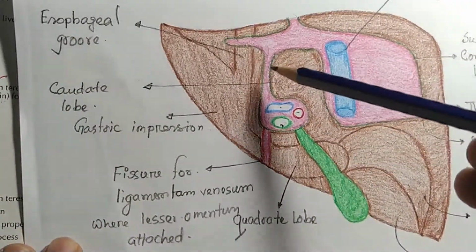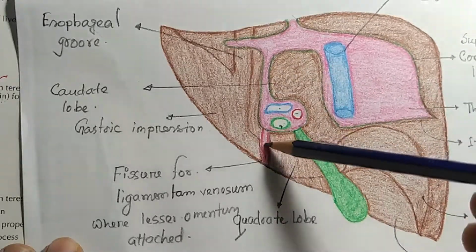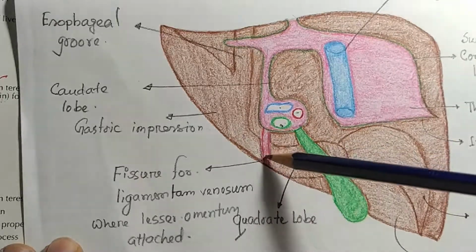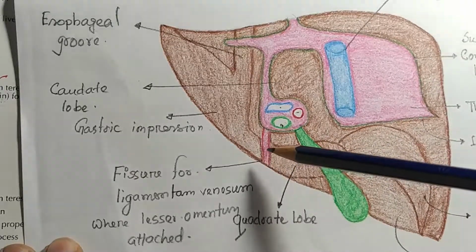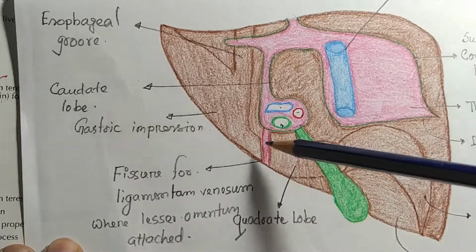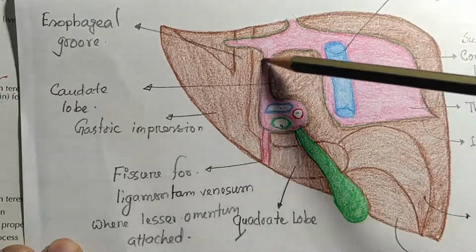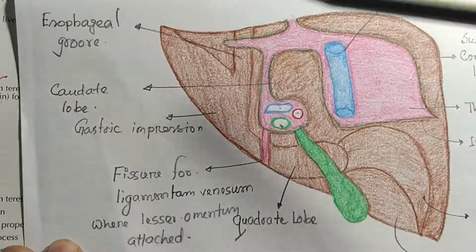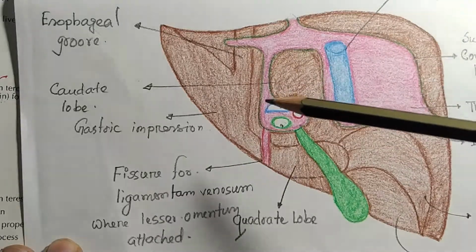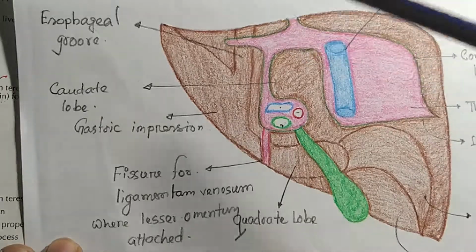So here you can see the ligamentum venosum, and this is the ligamentum teres. The ligamentum teres is a remnant of the umbilical vein, and the ligamentum venosum helps to bypass blood in the intrauterine period as part of the fetoplacental circulation.